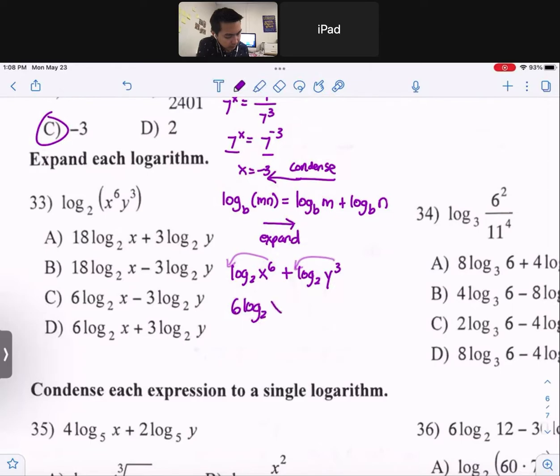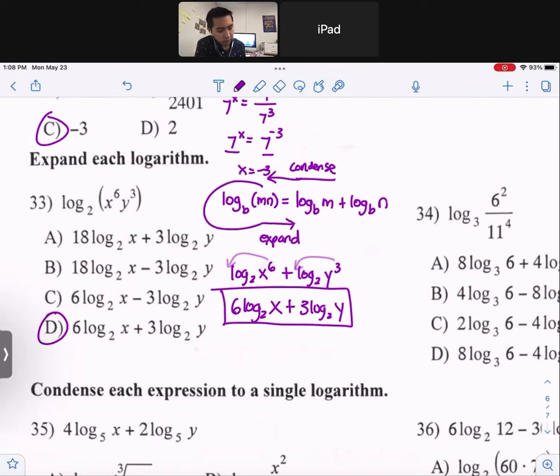So 6 log base 2 of x plus 3 log base 2 of y. This is how you expand, and our answer is going to be D. So again, make the 1 log become 2 logs with an addition sign because there's multiplication happening in between here. And then get the exponents and put them to the front.